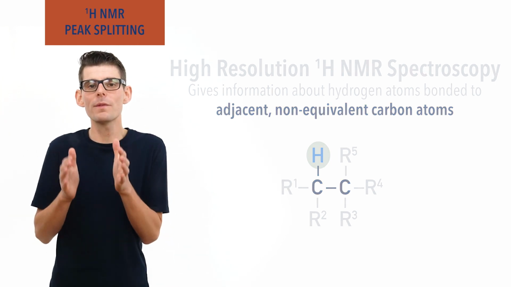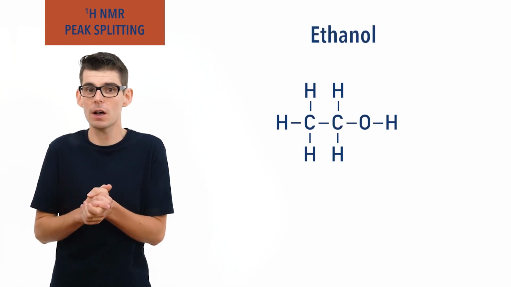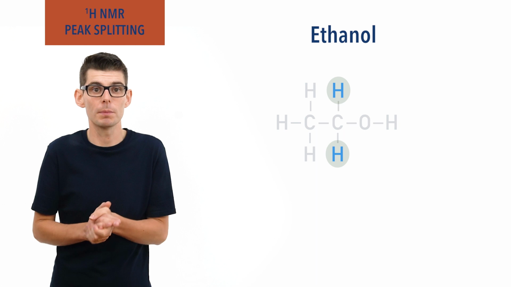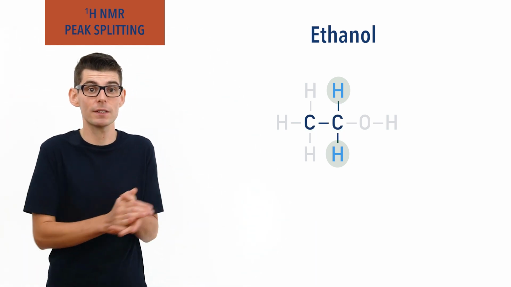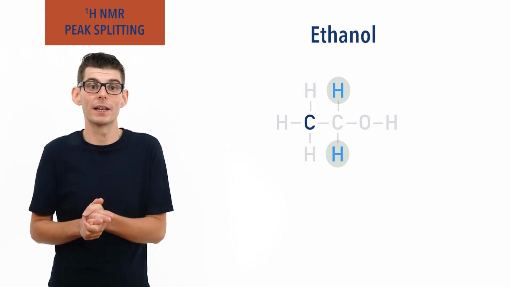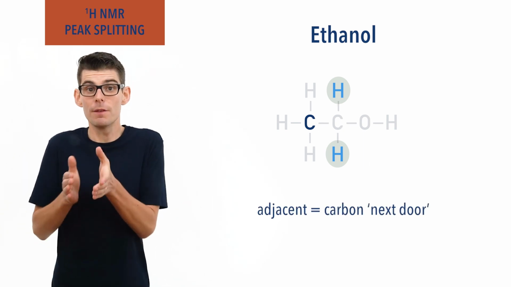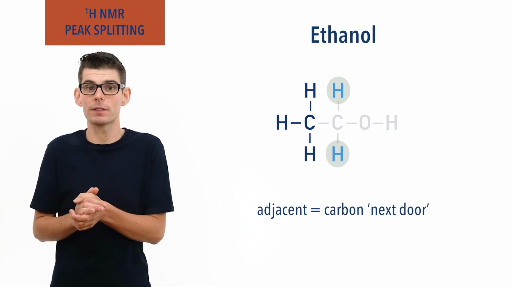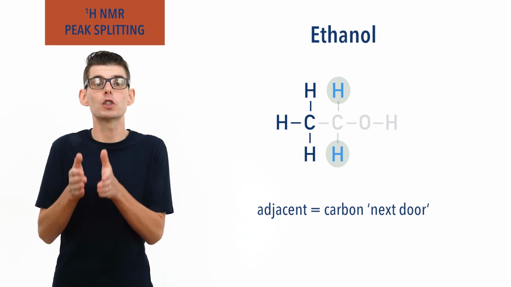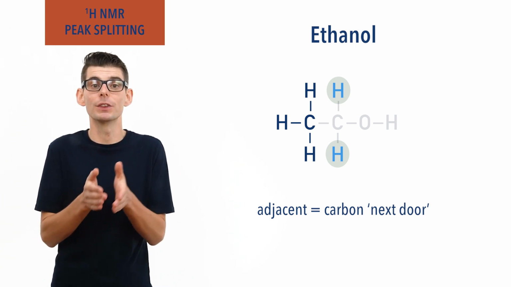For example, with the molecule ethanol, the two hydrogens bonded to the first carbon, the CH2OH group, are bonded to a carbon that is bonded to another carbon atom. This other carbon atom will be described as an adjacent carbon. This adjacent carbon atom is bonded to 3 hydrogen atoms and is therefore bonded to different atoms and groups to the first, meaning it is non-equivalent.